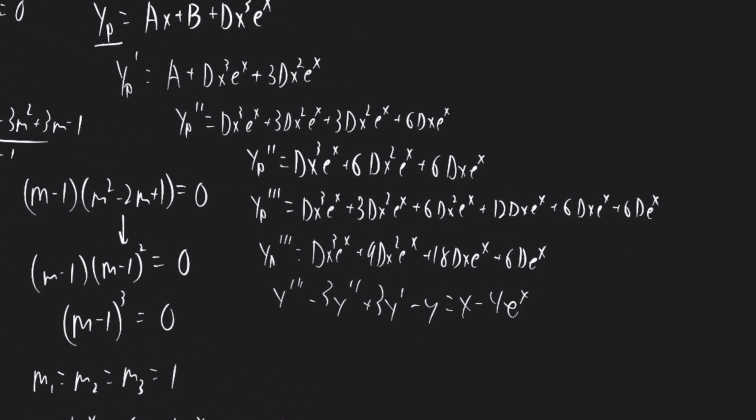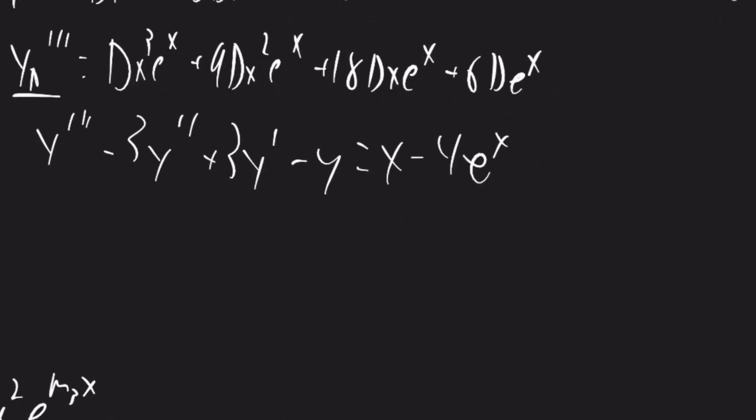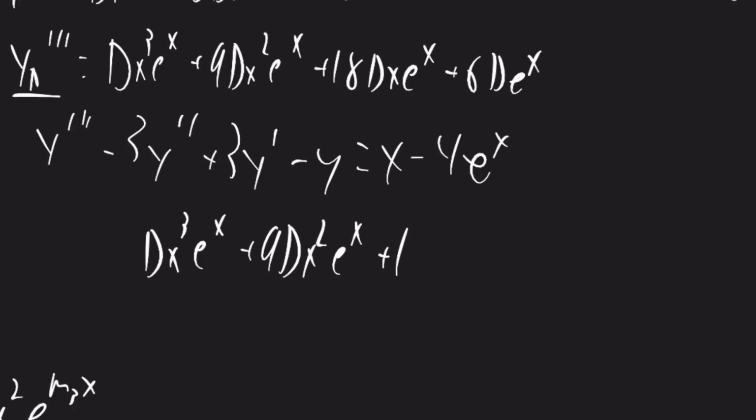Because yp is the solution to this differential equation, we can plug in yp, yp prime, yp double prime, and yp triple prime into this differential equation. So yp triple prime was dx cubed e to the x plus 9dx squared e to the x plus 18dx e to the x plus 6d e to the x.